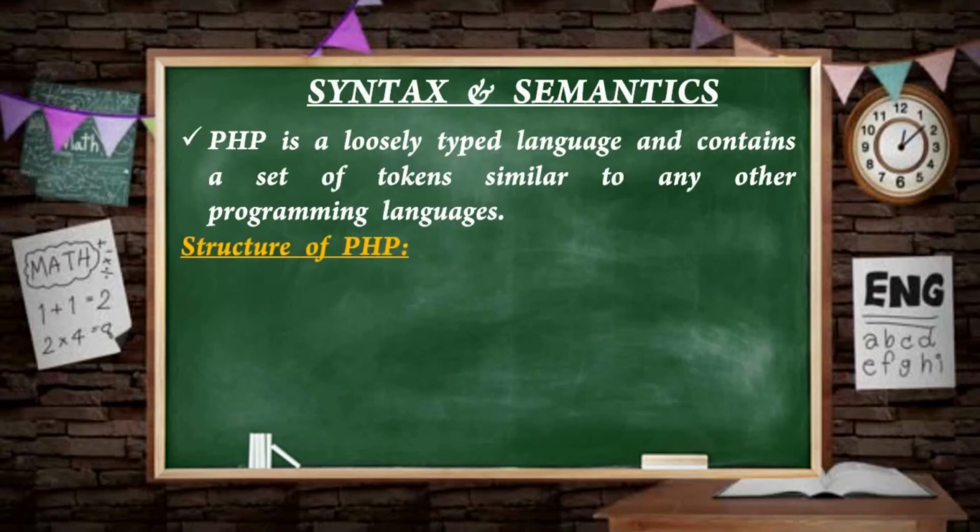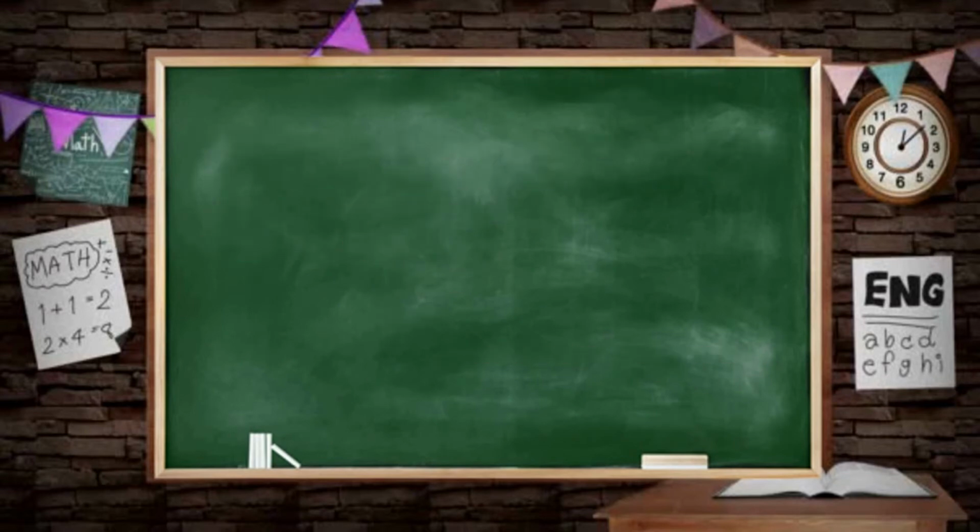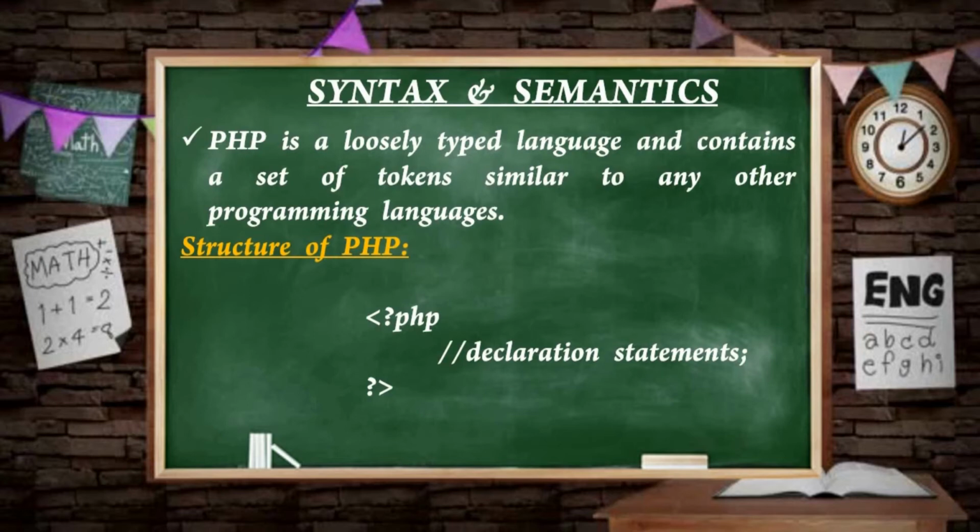Let's learn the syntax of PHP, right? The base structure of PHP looks like this, right? An angular tag followed by question mark PHP, and you should end your PHP code with question mark followed by angular tag, right? So this is the base structure of PHP. Inside it you can use functions, variables, anything we can use, right?